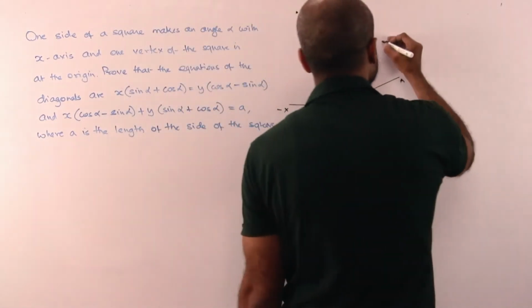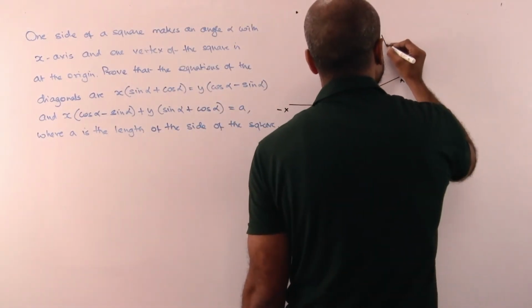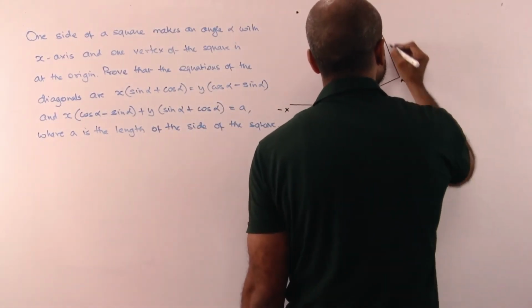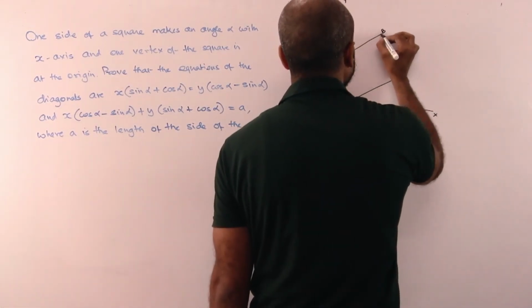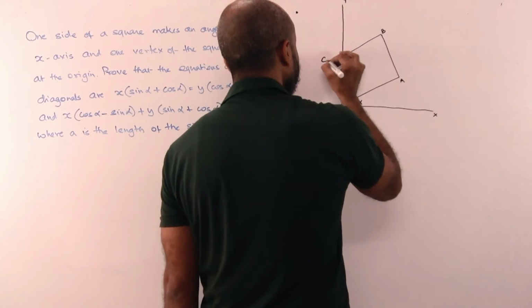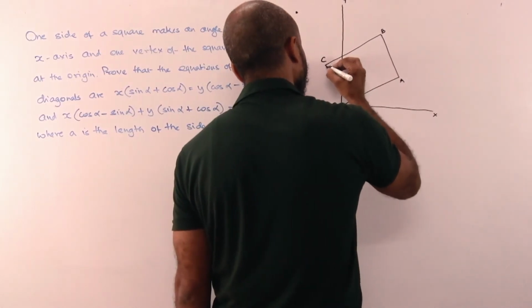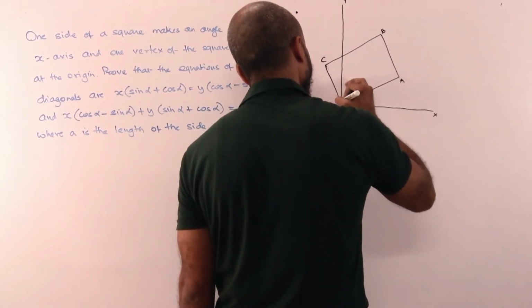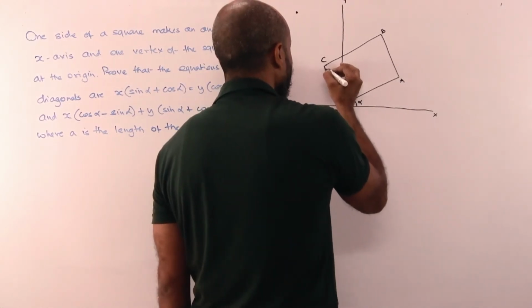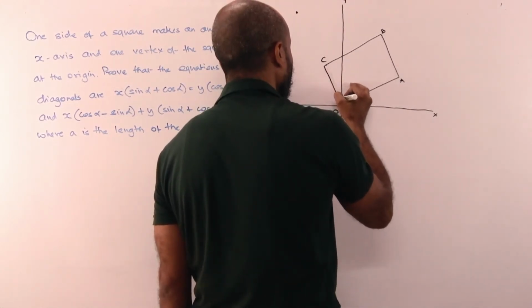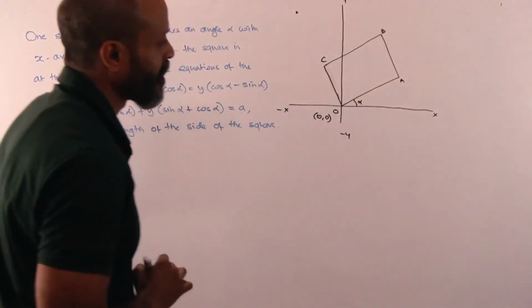So let's say if we draw the square now, so the square will be looking something like this. So let's say this is side B and this will be side C. Okay, so this is how it will look.